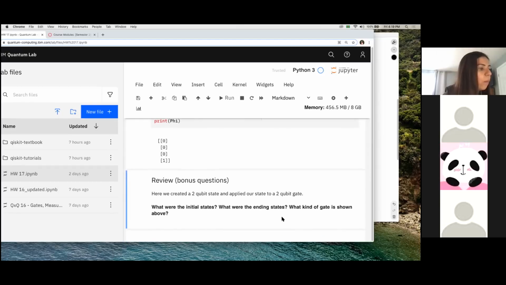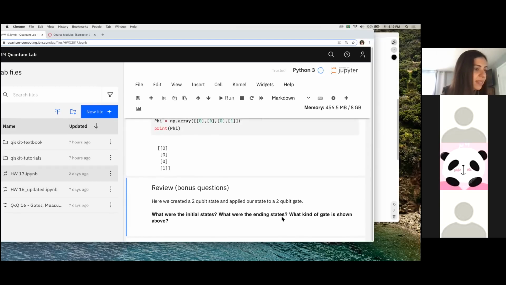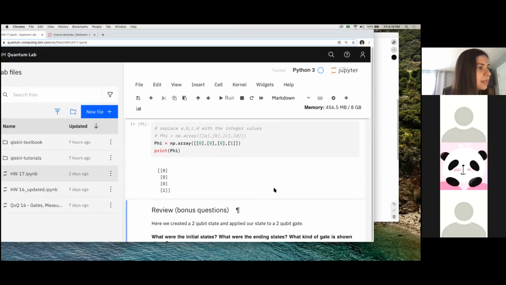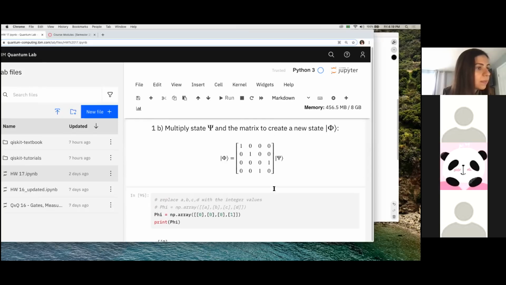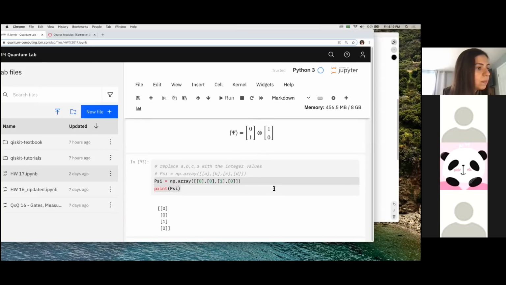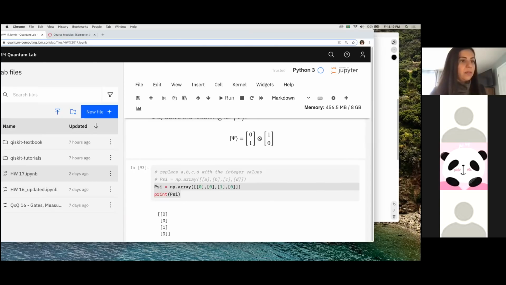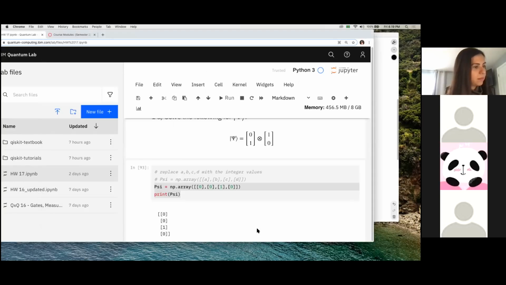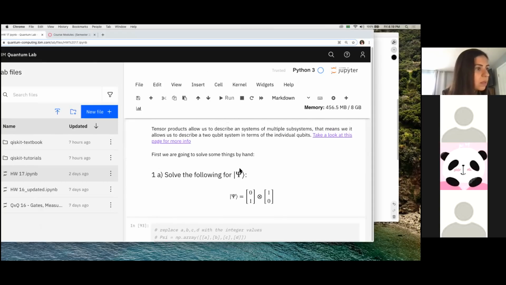And what were the initial states? Let me show. The first vector we had, as we know, was 0, 0, 1, 0.